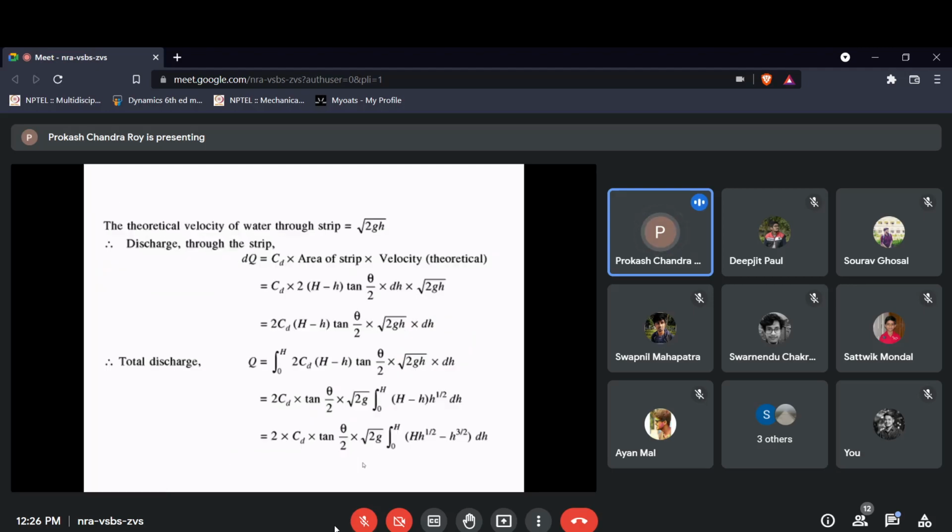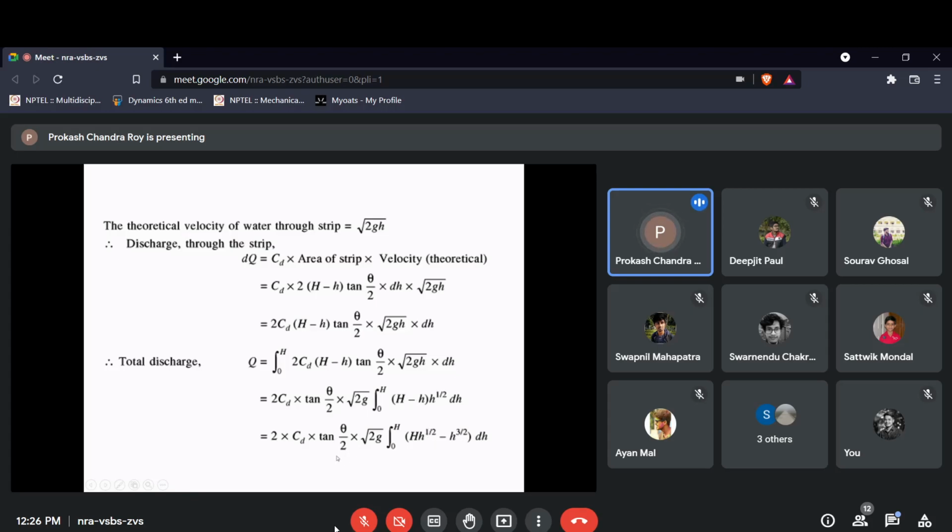Then we need to do the integration over 0 to H. Here we have the h term, so it is slightly complicated, but not very complicated, and it will come as h to the power 1 by 2.